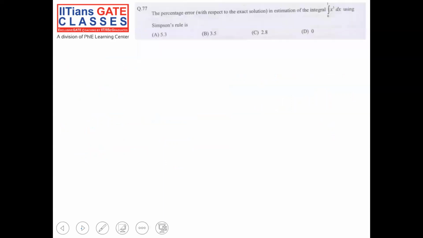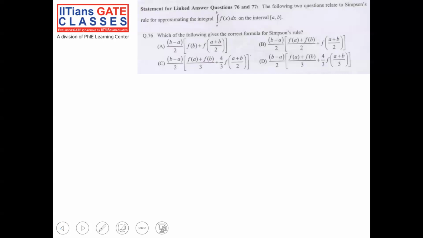Coming towards these two questions. Question numbers 76 and 77 are linked questions, and they are from the numerical methods topic, especially from Simpson's rule. Whenever they say Simpson's rule, we have to assume they are asking about Simpson's 1/3 rule.